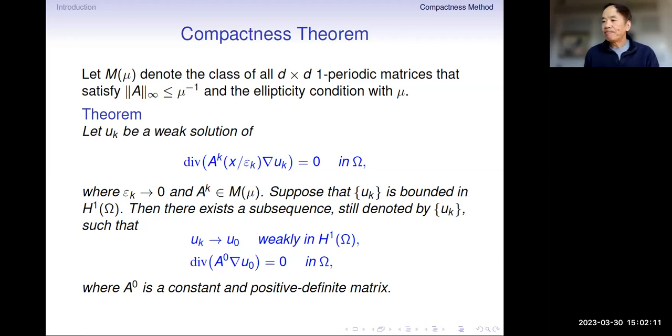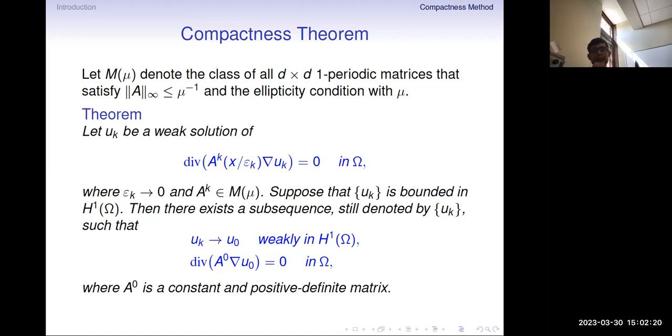Questions? Yes, a question. Does A0 necessarily have the same ellipticity condition? Very good. In general, the lower bound is the same. The upper bound may be different, but the upper bound depends on mu.